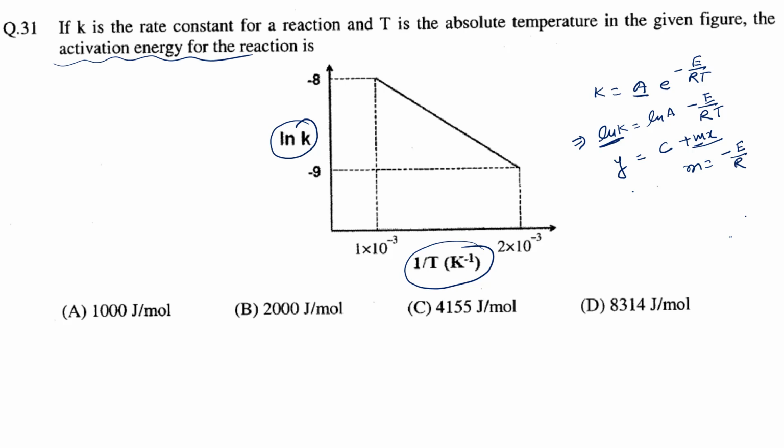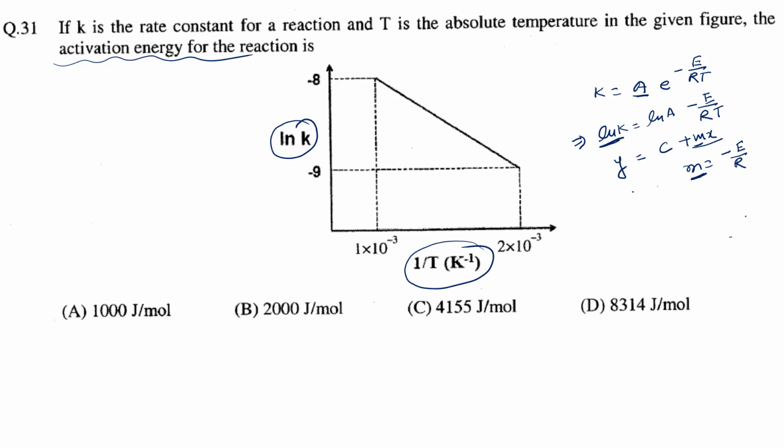Suppose we find this m value, then we multiply it with R with a negative sign, and it will give us this E value. Now let us find this slope, and since the slope is negative, the answer will be completely positive.